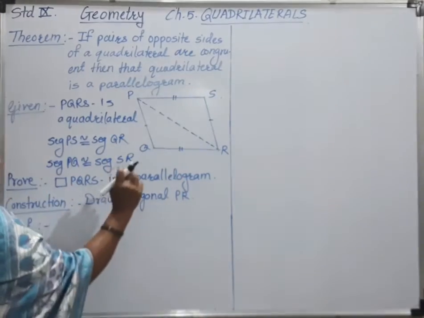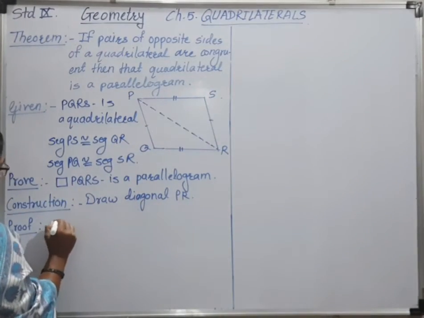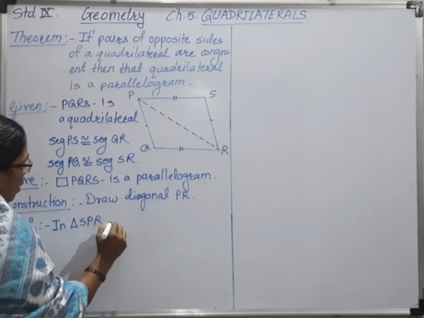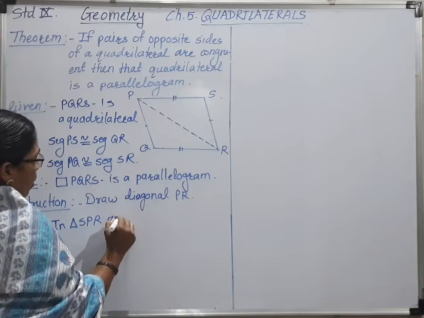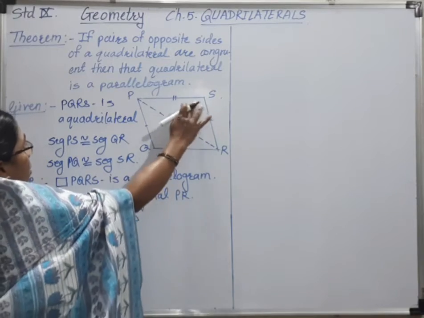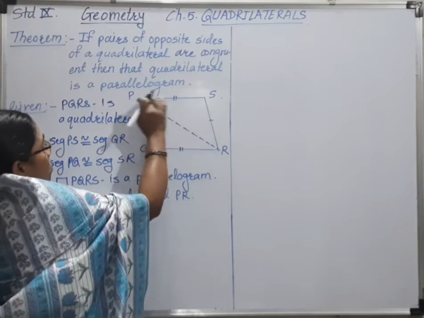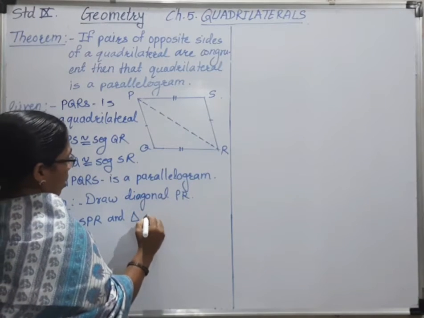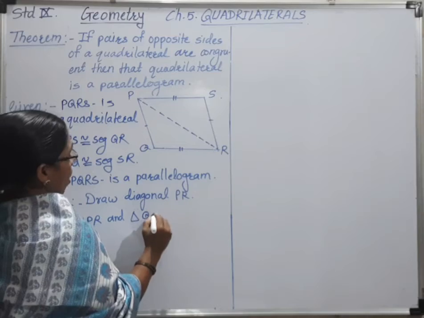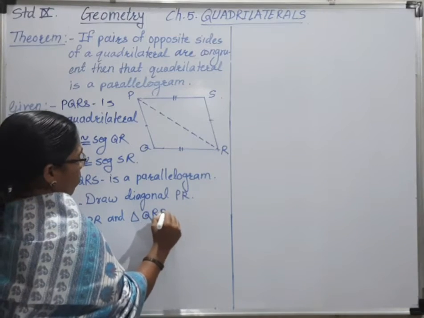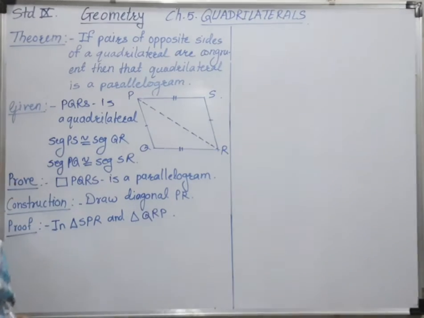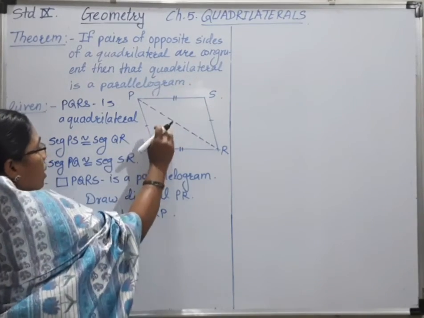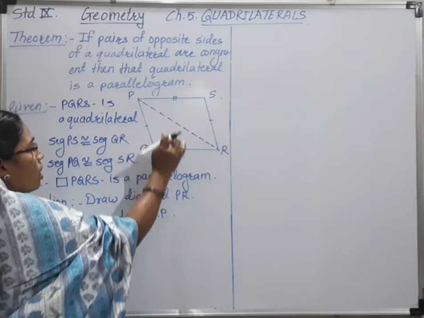So in triangle SPR, this triangle, and triangle QRP, in these two triangles, these sides are equal.